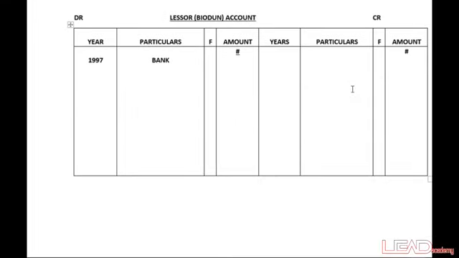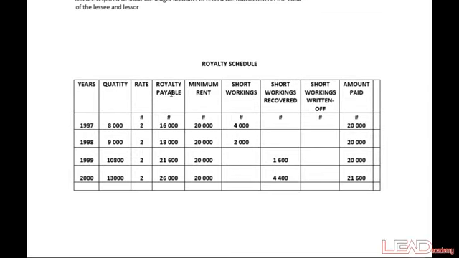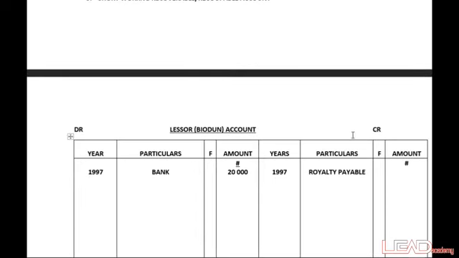So you write 20,000. On the credit side, in 1997, a royalty was paid, which is royalty payable. Royalty payable in 1997 was 16,000.